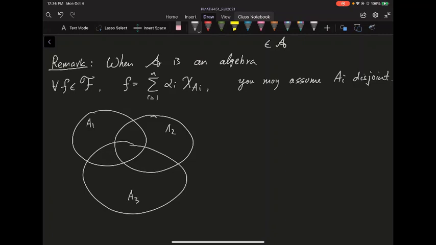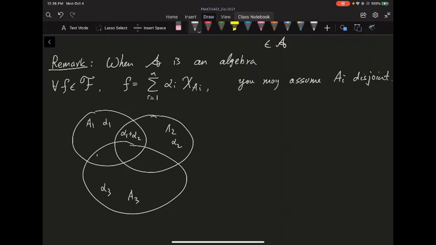But as you can see, you assign a value of alpha 1 on this A1, so everything inside A1 gives you alpha 1, A2 gives you alpha 2, and things in A3 give you alpha 3. So if you have something that's in the intersection of A1 and A2, you're actually assigning a value of alpha 1 plus alpha 2.